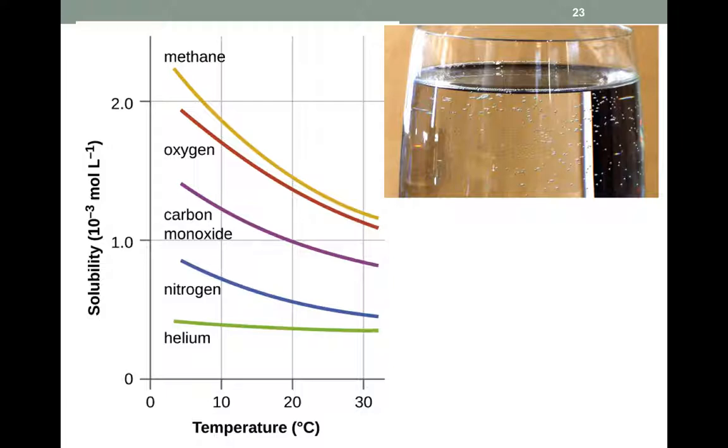This is what happens when you pour soda into your cup and you see a lot of foam coming out. The carbon dioxide solubility is low enough that it will come out of the solution. So you should keep your soda cold before you pour it so that more of the carbon dioxide remains dissolved in the soda.